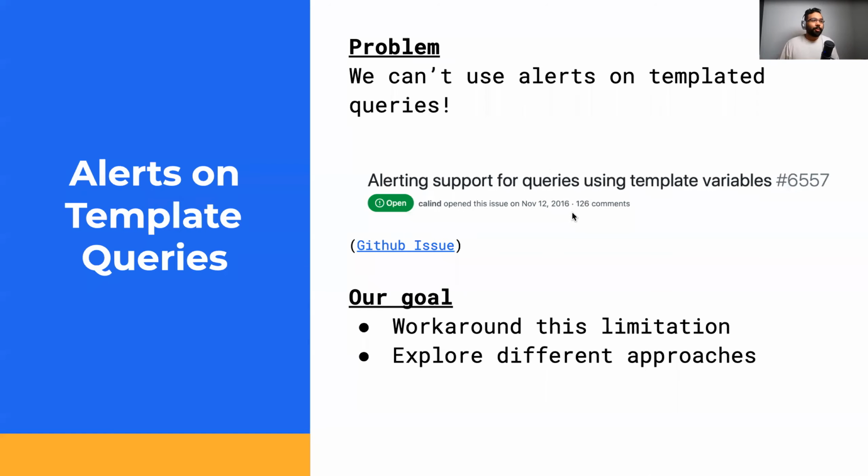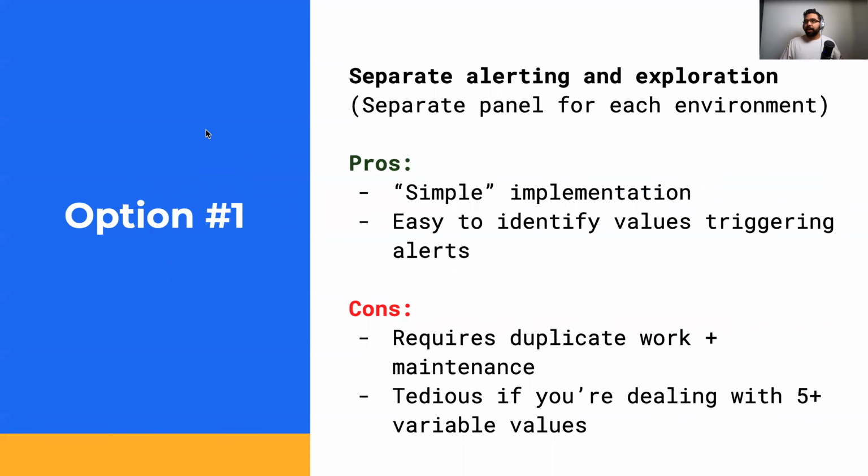So this is a problem if you've used Grafana before, or if you do decide to use the alerting functionality in it, you'll run into this sooner or later. And so what I want to do for you today is show you some ways to work around this limitation and explore the pros and cons of different approaches. We're going to look at 3 different approaches to be exact. Okay, so let's go into the first approach.